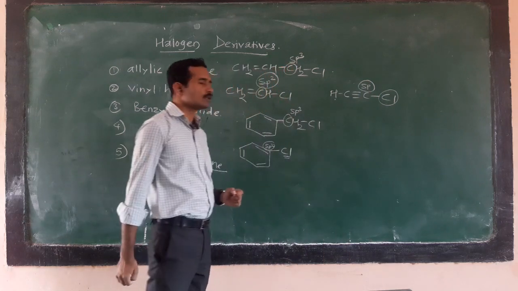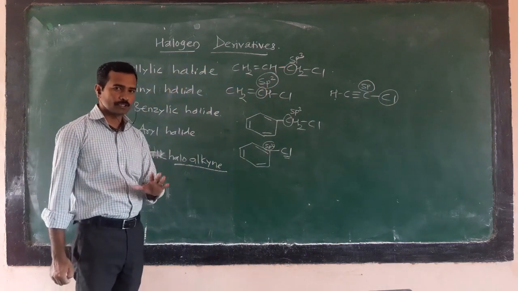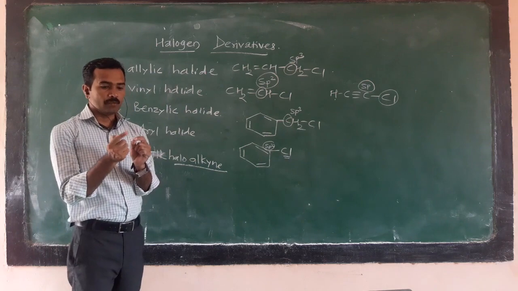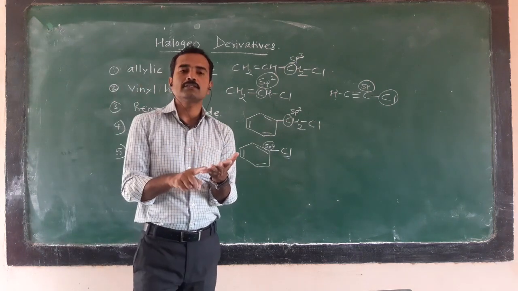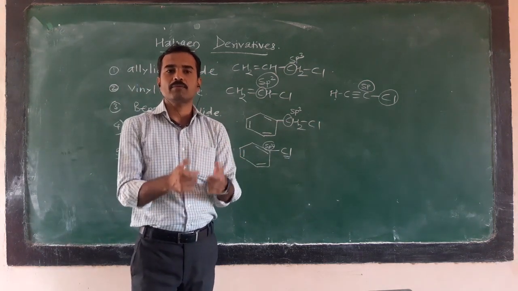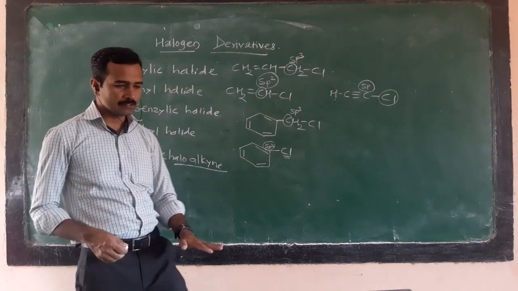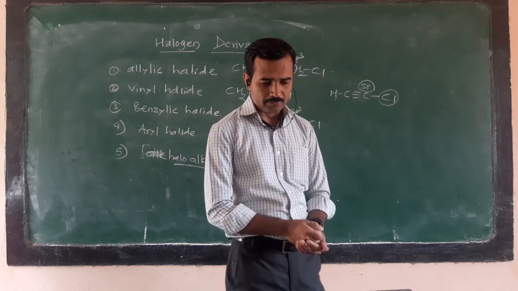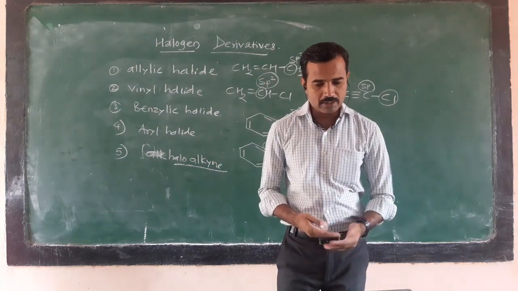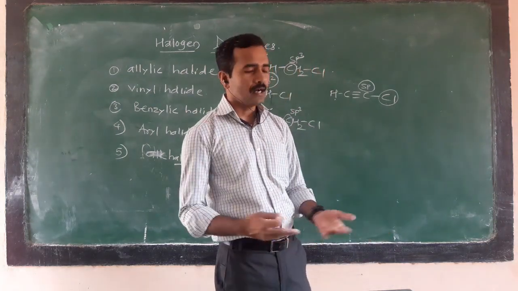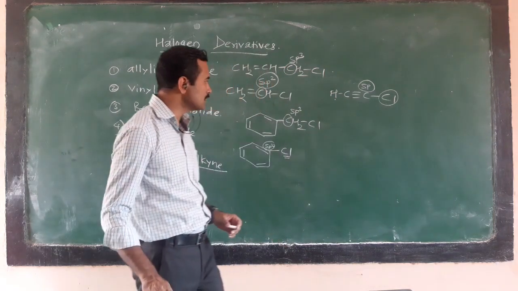So based on the carbon to which the halogen atom is attached and its type of hybridization, we classify them into these categories: vinylic halide, haloalkyne, aryl halide, benzylic halide, allylic halides, as well as alkyl halides.